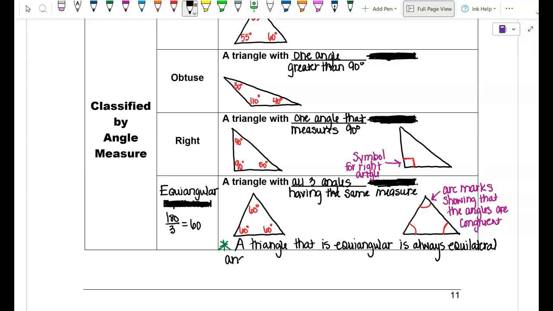And it works the other way. An equilateral triangle is always equiangular.